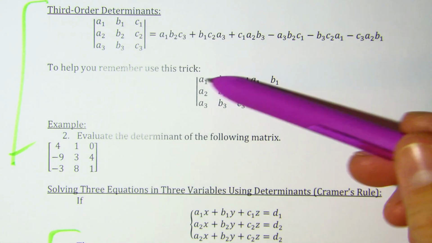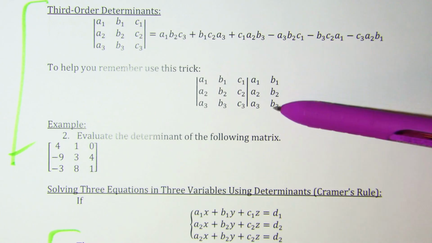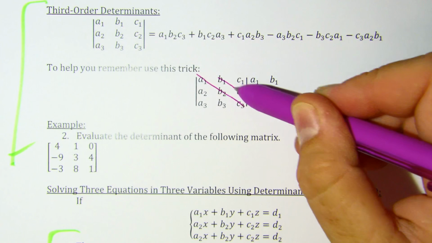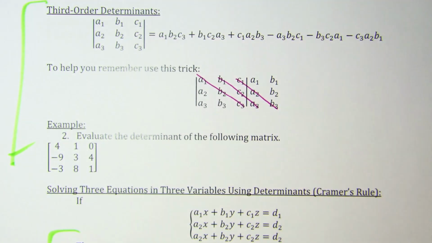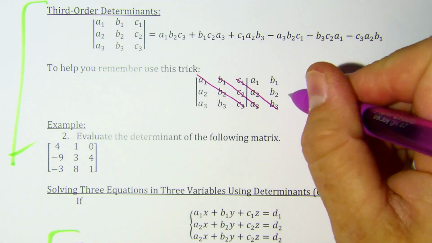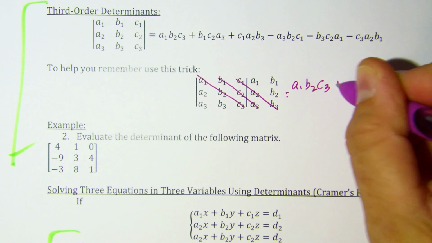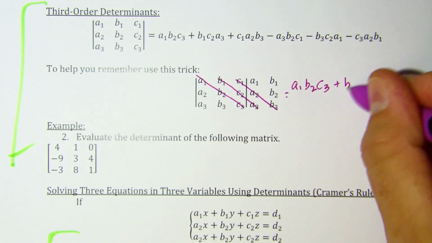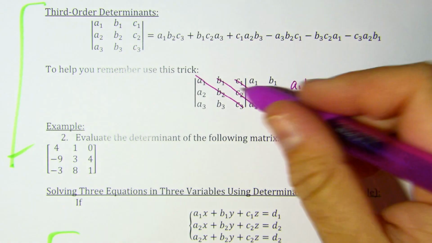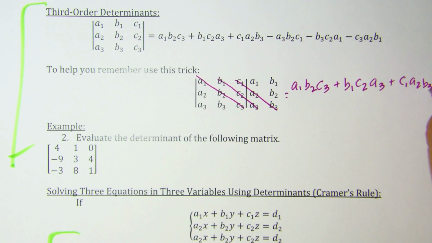If you have a determinant here and you copy these rows next to it, what you're going to be doing is multiplying down these 3 main diagonals. So A1 times B2 times C3. So A1, B2, C3 plus B1, C2, A3 plus C1, A2, B3.